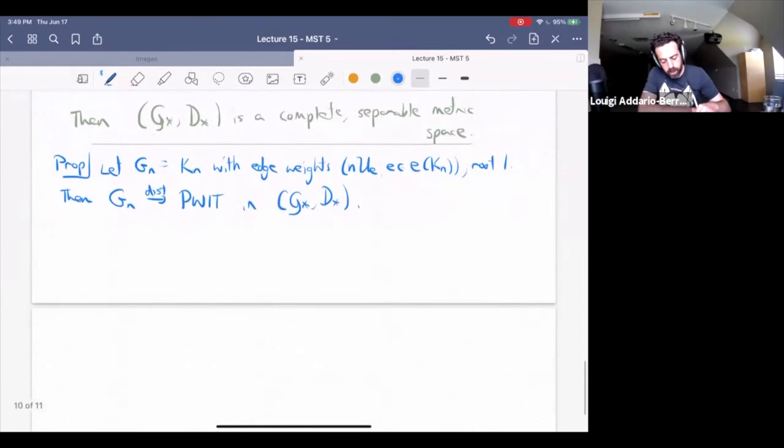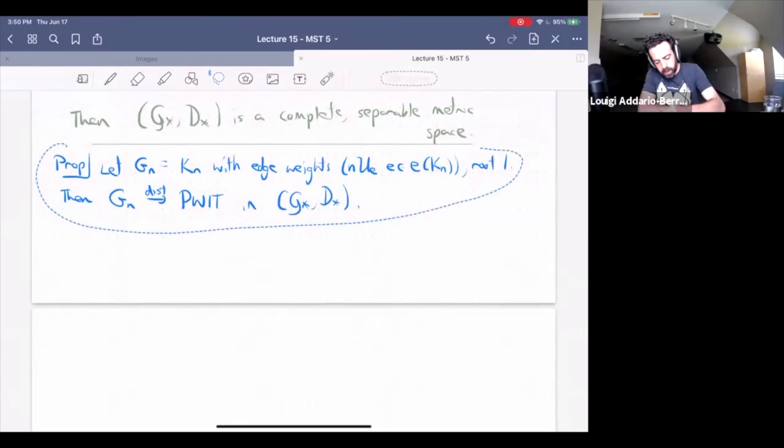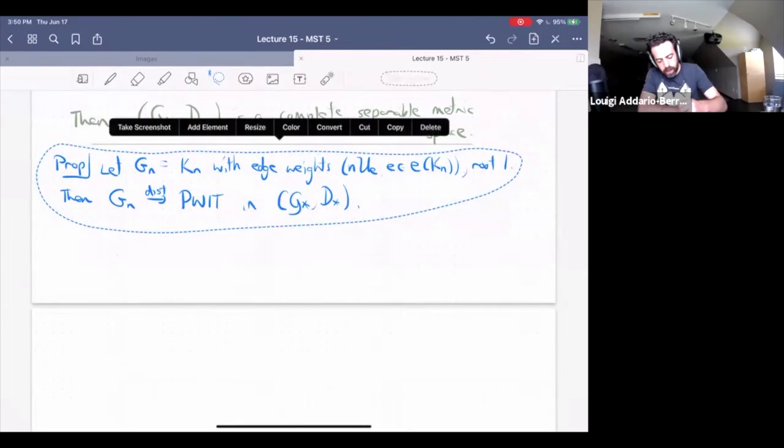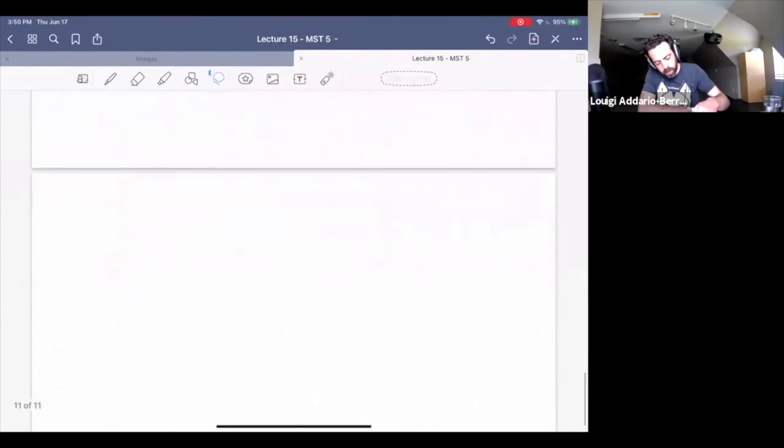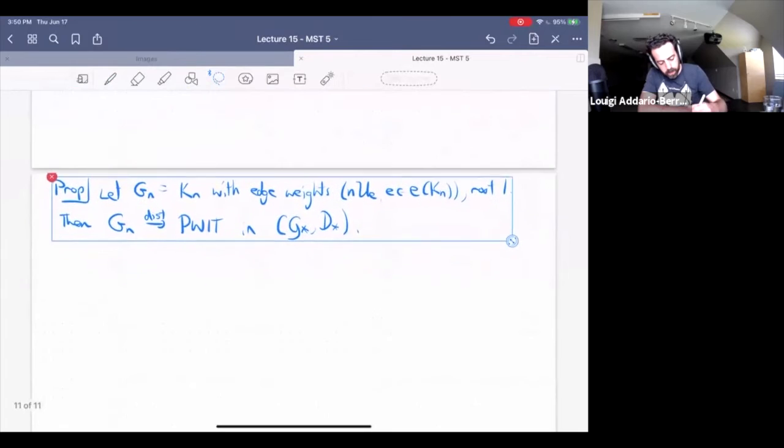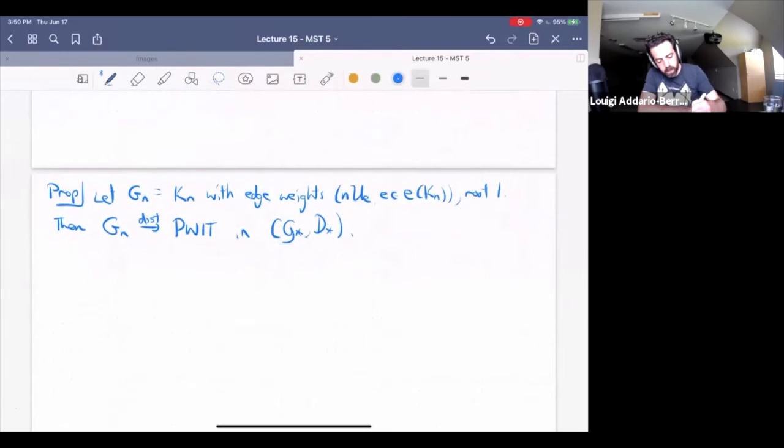Okay, so I'd like to start talking about this fact. There's a variety of ways that one could prove this, or structure the proof.